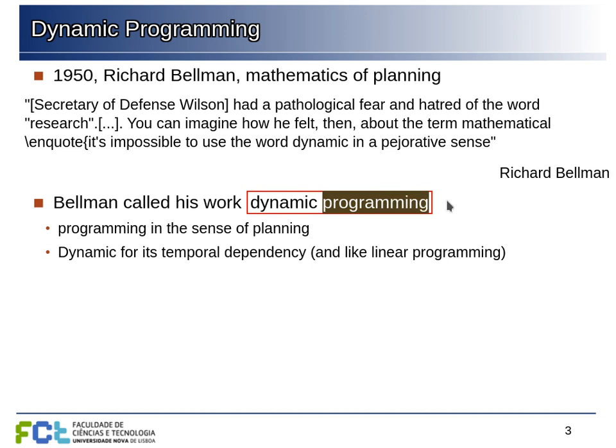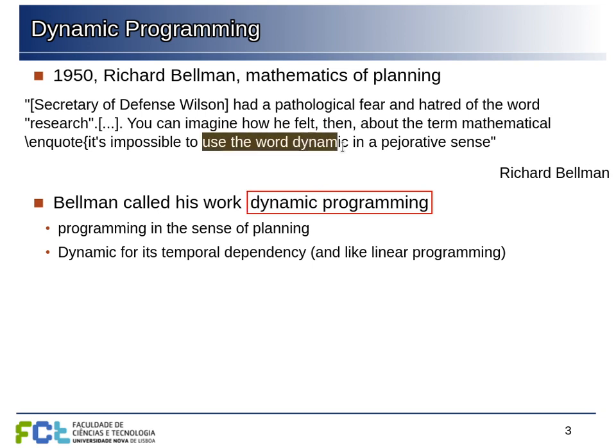So programming in the sense that it was to program some plan, a series of steps to be undertaken, and dynamic as a reference to the time dependency and the way the plan would fit together along the time, and also because he thought it was impossible to use the word dynamic in a negative, pejorative sense.